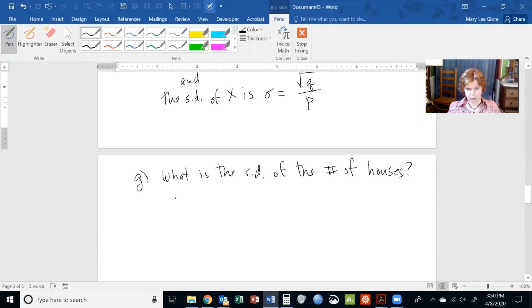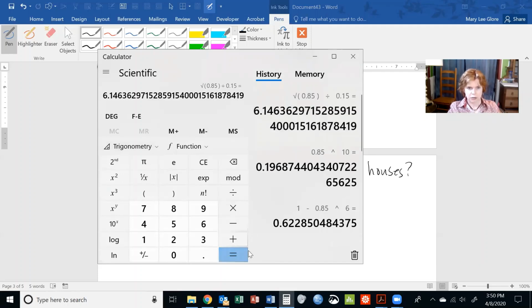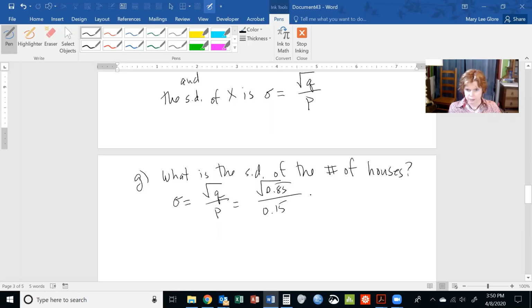Sigma for the geometric distribution is the square root of q over p. So this is the square root of 0.85 divided by 0.15. That is 6.1464 houses.